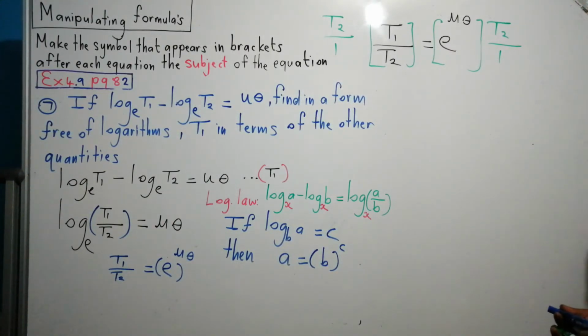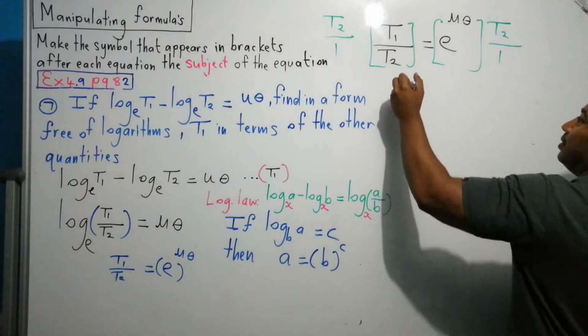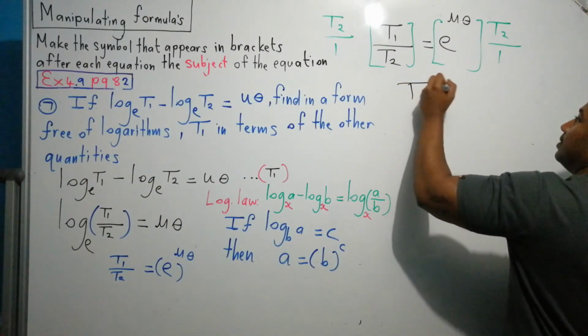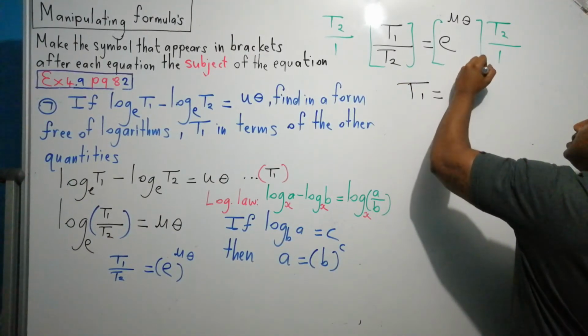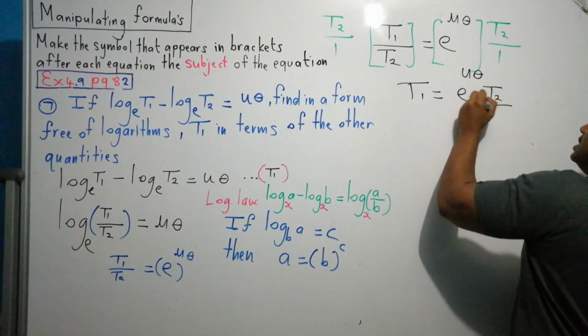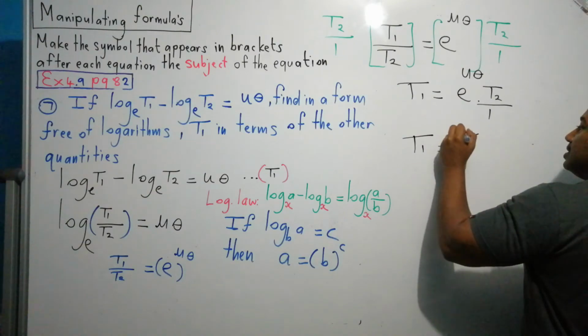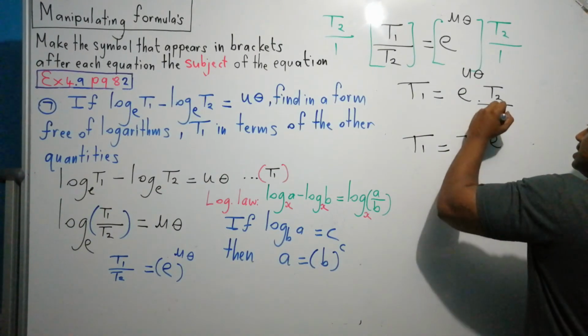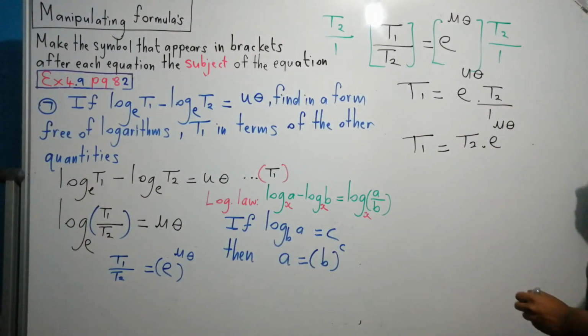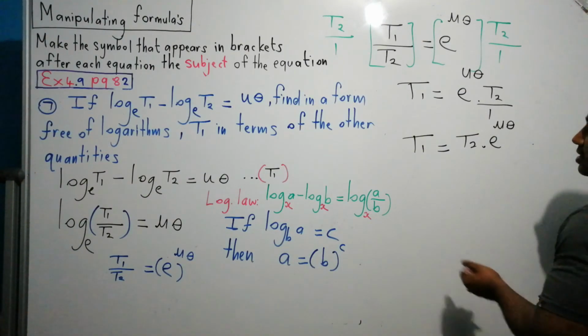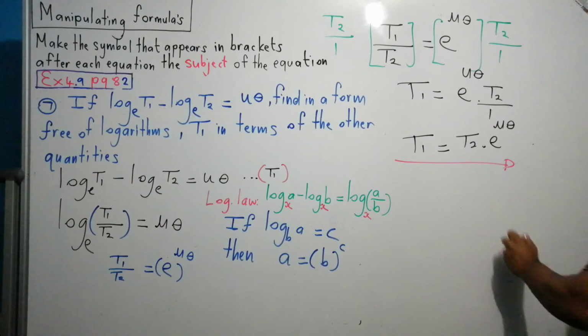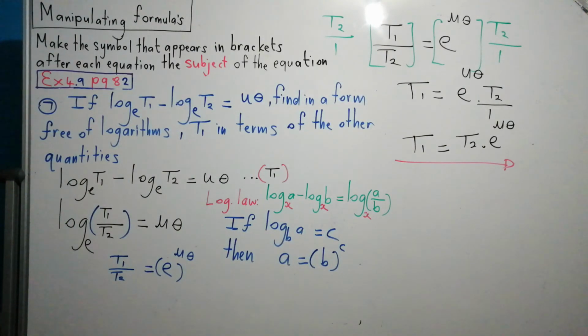So now t1 is equal to e to the power mu theta times t2 over 1. So t1 is just equal to t2 times e to the power mu theta. Nothing more you need to do there. So that's converting from logs to exponents.